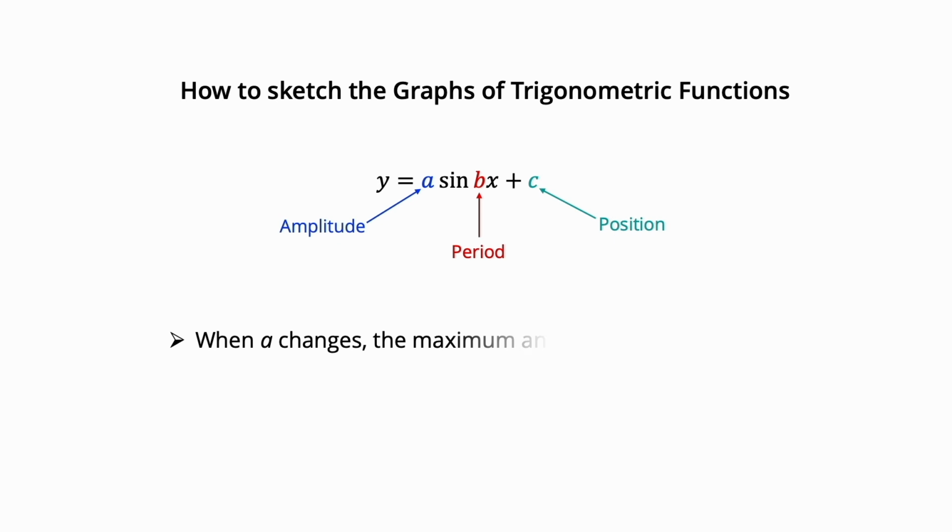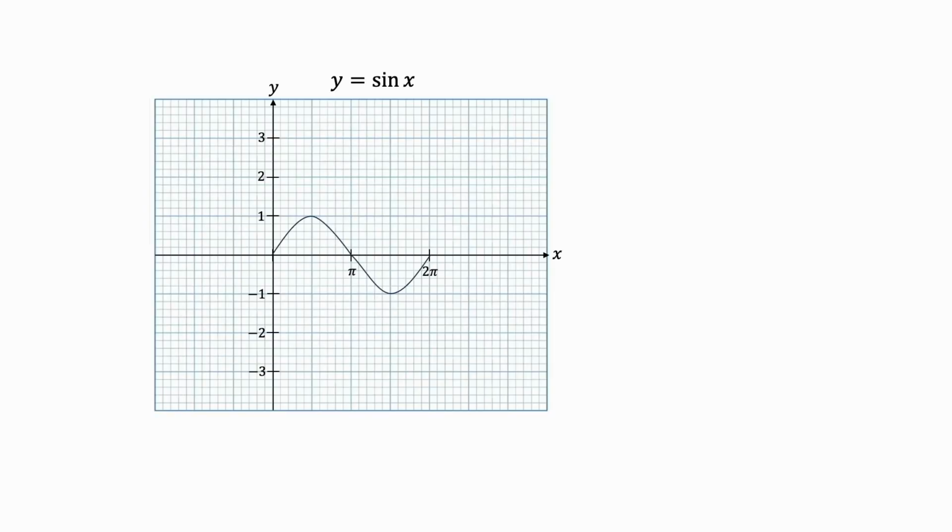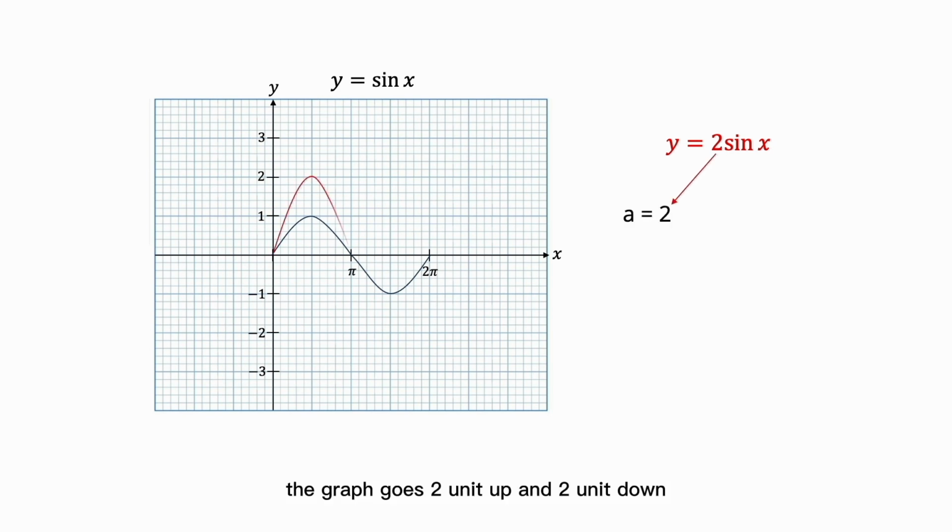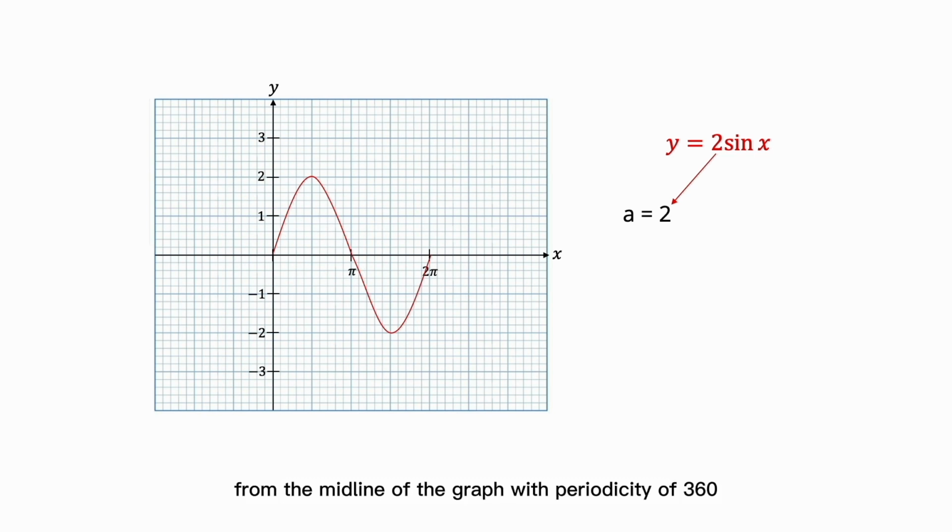When amplitude changes, the maximum and minimum values change. For the function y equals 2 sine x, this function has an amplitude of 2. The graph goes 2 units up and 2 units down from the midline of the graph with periodicity of 360 degrees.